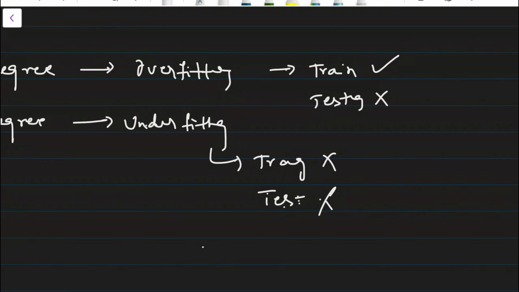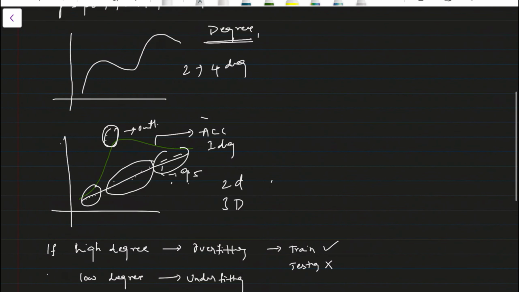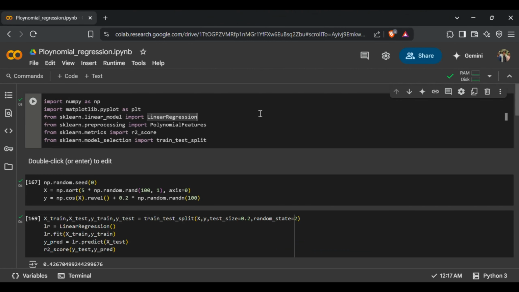Many other algorithms can be used in place of polynomial regression. Let's see how the code works. I will show the visualization and how the accuracy changes when we perform polynomial regression and linear regression.